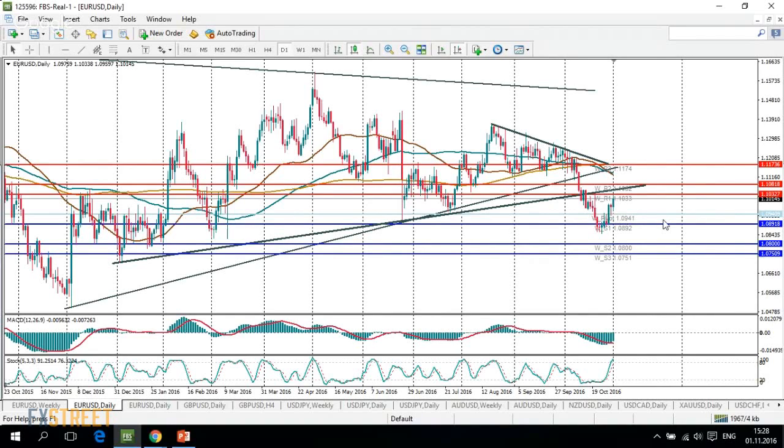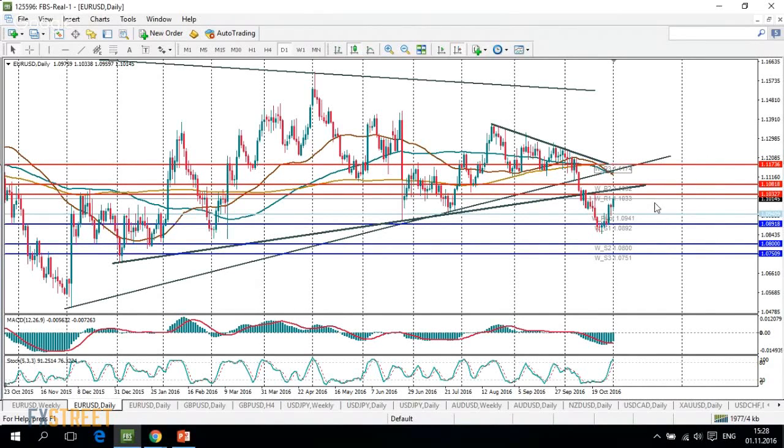As long as euro dollar is trading above this line, it means that the near-term outlook is more bullish, and that the currency may actually rise to the next levels, so-called pivot resistance levels.